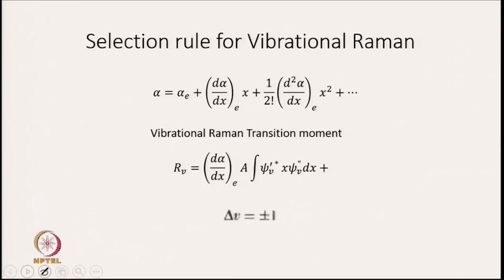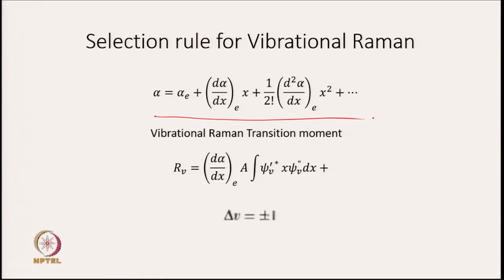Now, we can discuss the selection rule for vibrational Raman spectroscopy. Alpha is the polarizability, and alpha is also a function of x. Alpha can be given as alpha at equilibrium plus d alpha by dx at equilibrium into x, plus 1 by 2 factorial d2 alpha by dx square at equilibrium into x square. So, this kind of calculation we have seen for vibrational spectroscopy. Same thing we are going to do here.